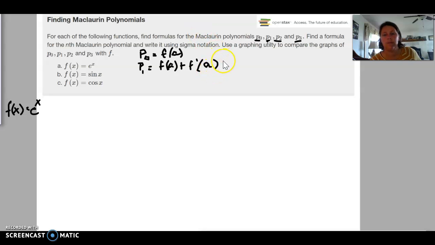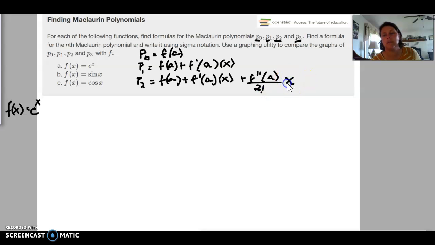So f prime of a, and then x minus a is just going to be x. Then p sub 2 is going to be all of p sub 1 plus the second derivative of a over 2 factorial times x squared.